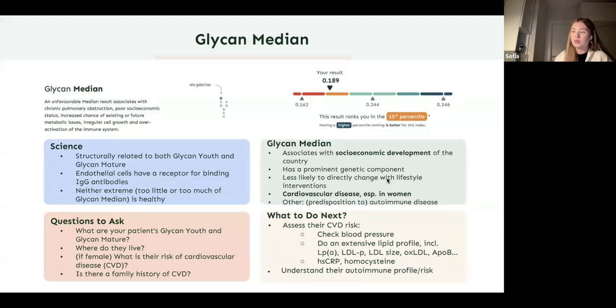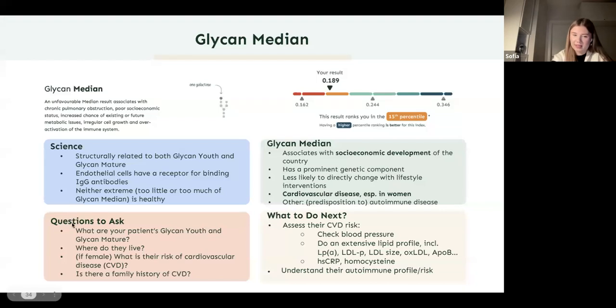But it is great to monitor how well you are taking care of your cardiovascular system and the lowering of your risk to develop a cardiovascular disease in the future, and especially in women. And we have also other diseases that glycan median is associated with, and this is autoimmune diseases.